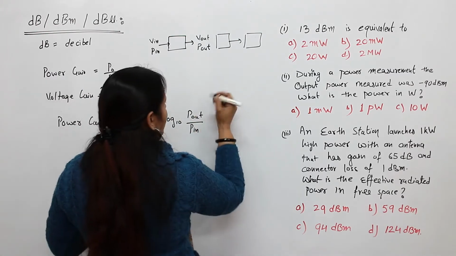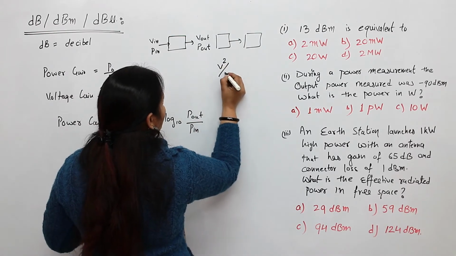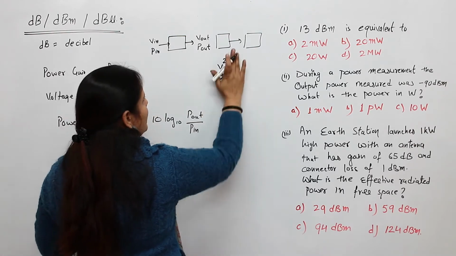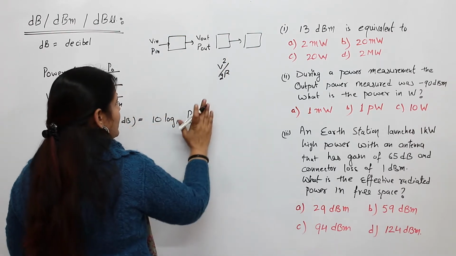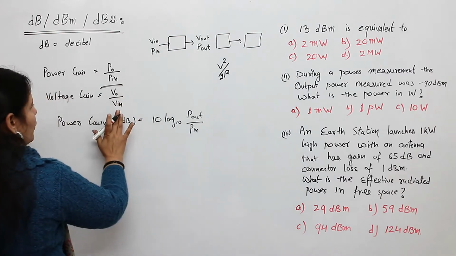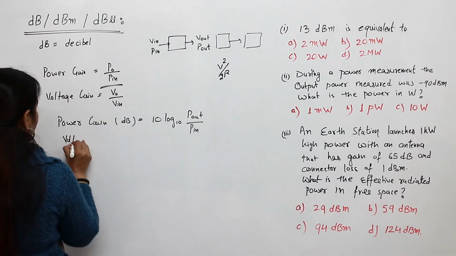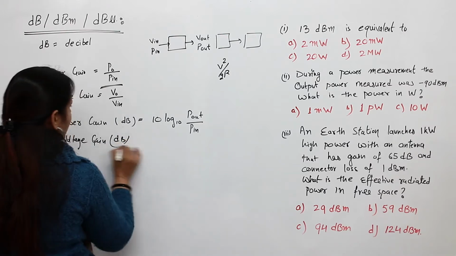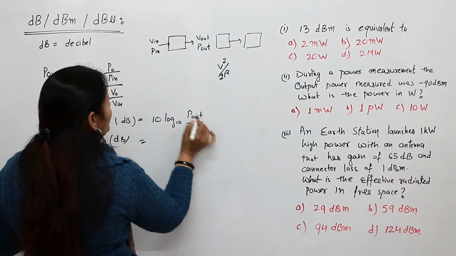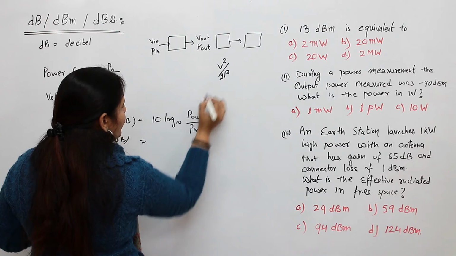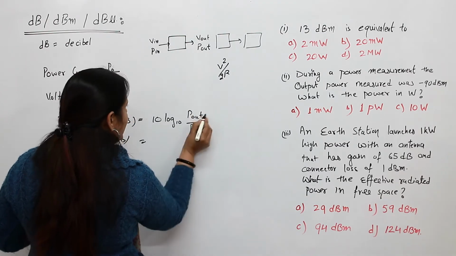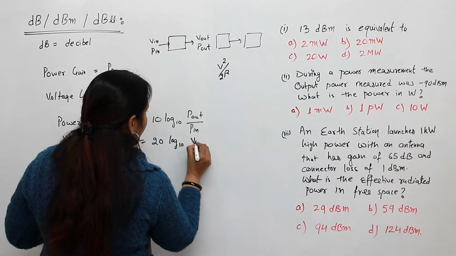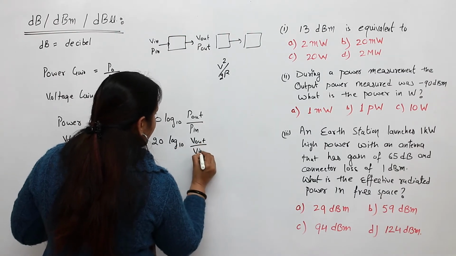As the power P is nothing but V square by 2R, if this ratio is defined in terms of voltage, then the voltage gain in dB is, since P is proportional to V square, if you put V output square here, the square makes it 20 log10 of V output divided by V input.